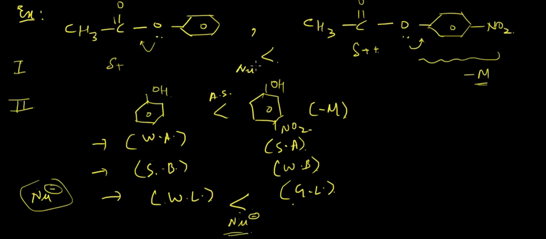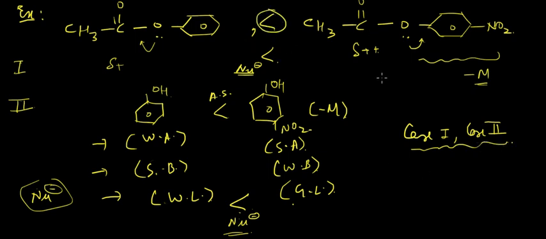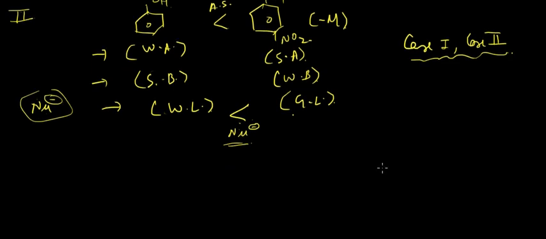And from both the cases, case 1 and case 2, we see the same thing. Hence this is a better candidate for nucleophile to attack on. Okay, so next we'll be seeing reaction of the below mentioned compounds towards Grignard reagent.